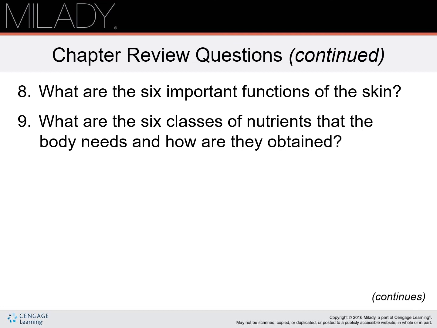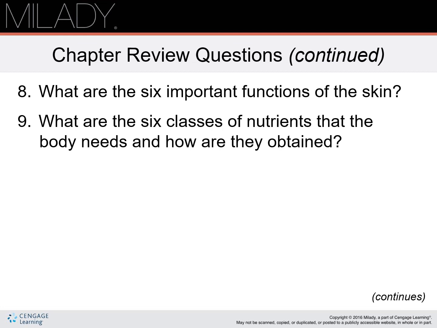What are the 6 most important functions of the skin? Protection, sensation, heat regulation, excretion, secretion, and absorption. What are the 6 classes of nutrients that the body needs and how are they obtained?